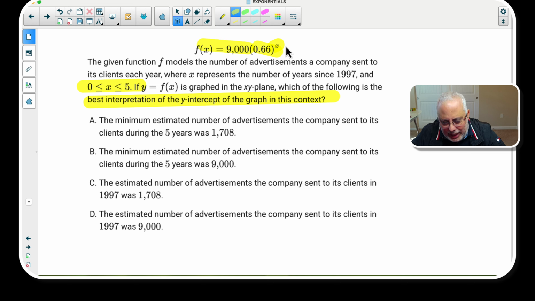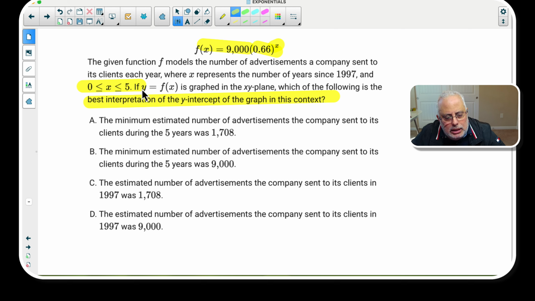What is the application? Number one, the domain. x represents the number of years since 1997. And 0 is included and 5 is included. We are talking about the first year here being 0 because it's included, x equals 0. And the last year here is 5.